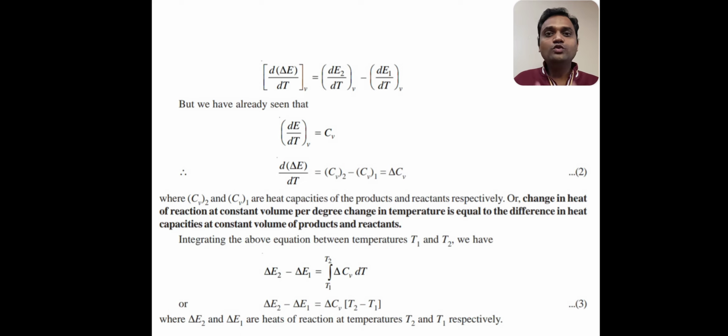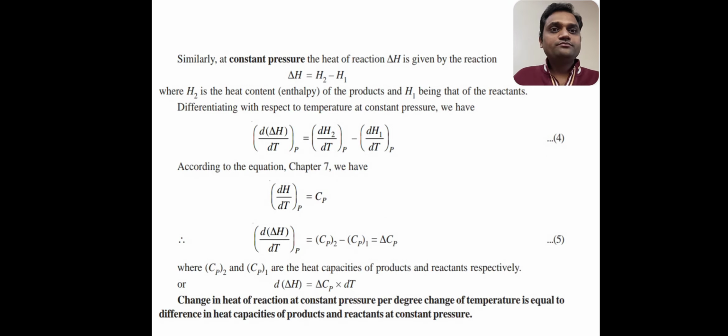Now we have to move towards the second condition. At constant pressure, the heat of reaction delta H is given by delta H is equal to H2 minus H1, where H1 is the enthalpy of reactant and H2 is the enthalpy of product.